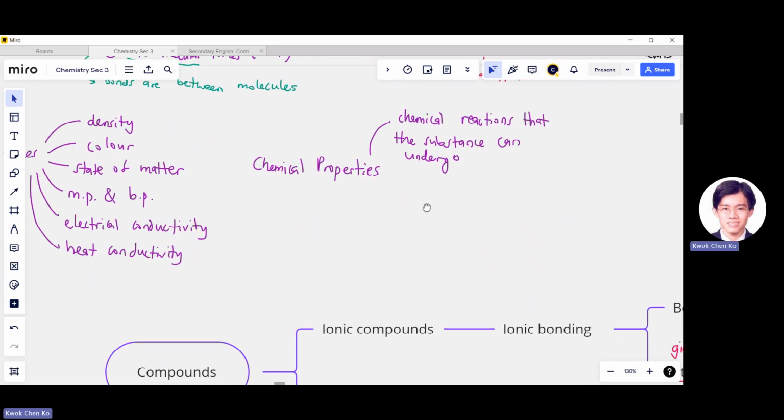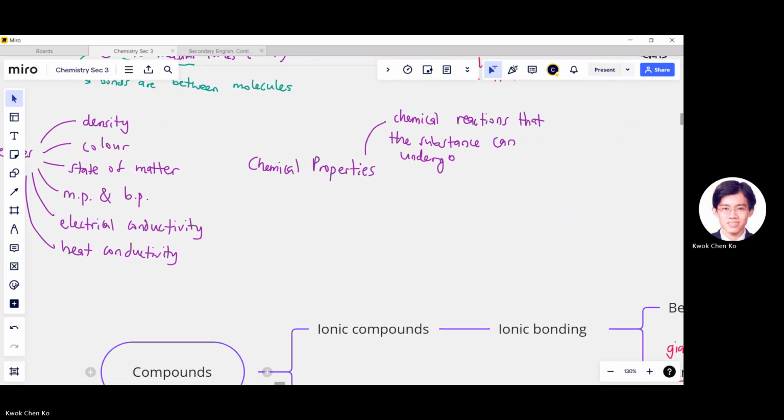Just keep this in mind. Of course, you may forget it, but I will keep reminding you. Now, what else? Examples: flammability. As the name implies, it tells you how well the substance burns.